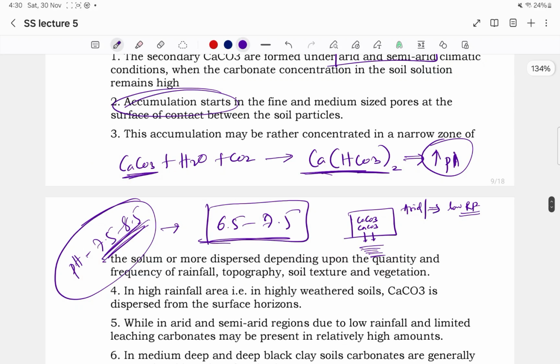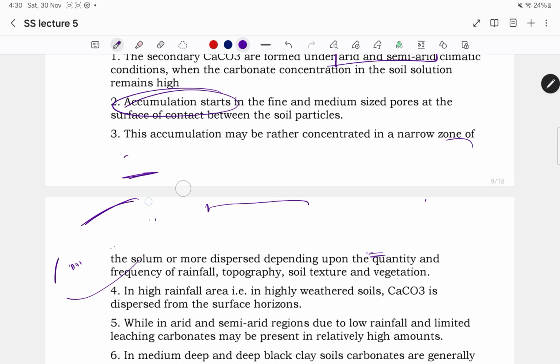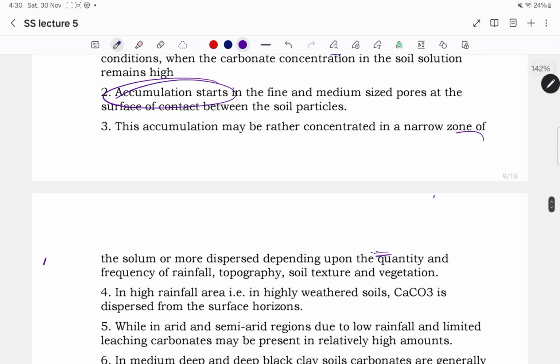And one more problem associated with the calcareous soil is, there is a hard surface in the case of calcareous soil. See, this is the soil surface.